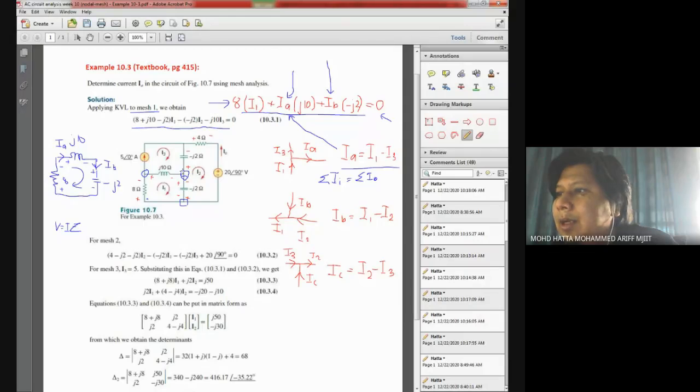What I try to select is a node where it is clearly indicated that there is current coming in and going out of that node.